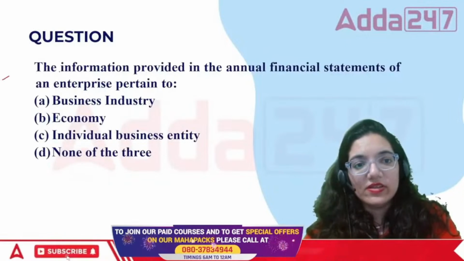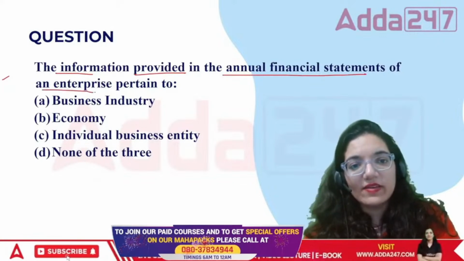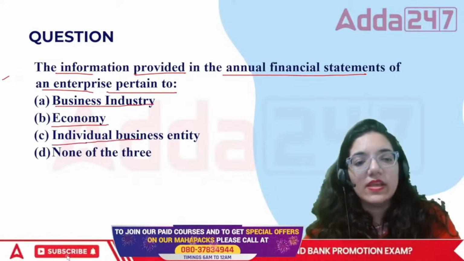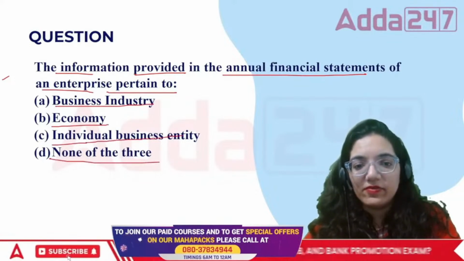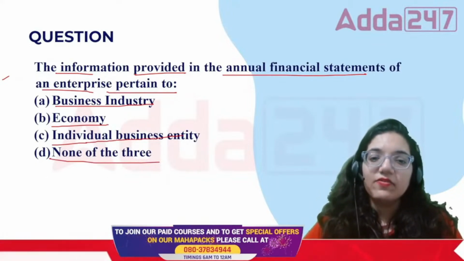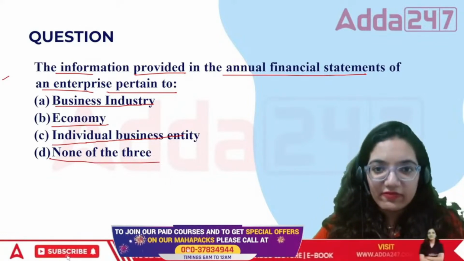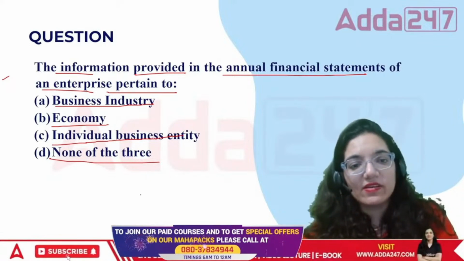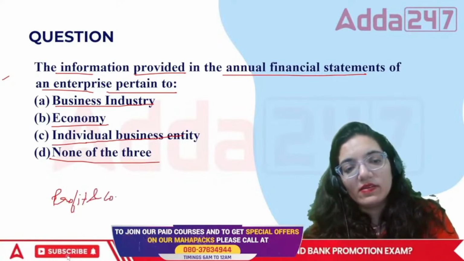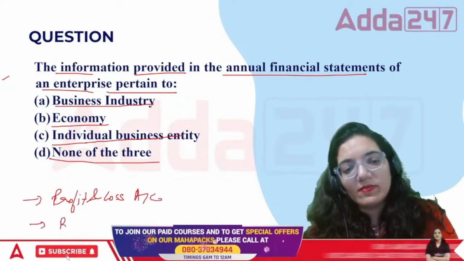The information provided in the annual financial statements of an enterprise pertain to business industry, economy, individual business entity, or none of the above. When we talk about financial information, how do we get it? First is profit and loss account, and the second one is balance sheet.